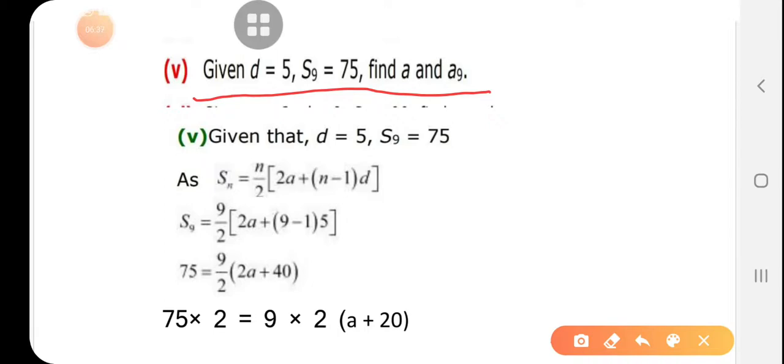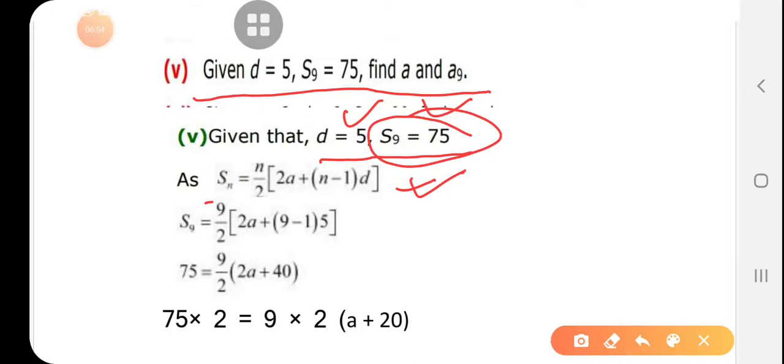First, we write the things given, that means the common difference and the sum of the ninth term, that is 75. So we use this condition and the formula for the sum of n terms, Sn is equal to n by 2 into (2a plus (n minus 1) into d). Here a is the first term, which we don't know, we have to find it.